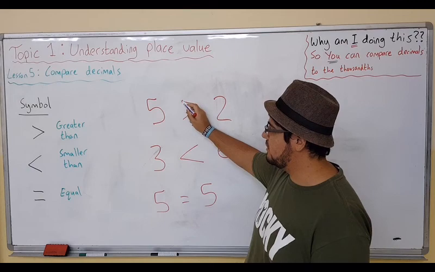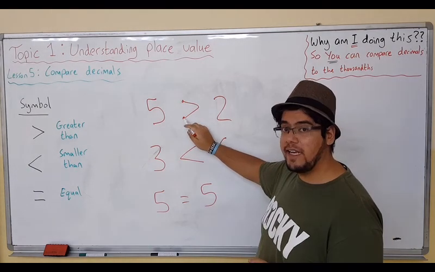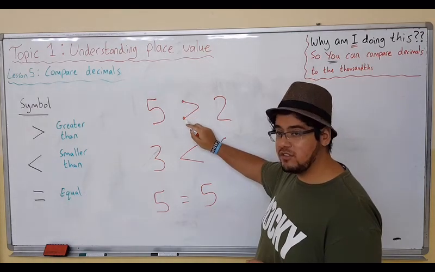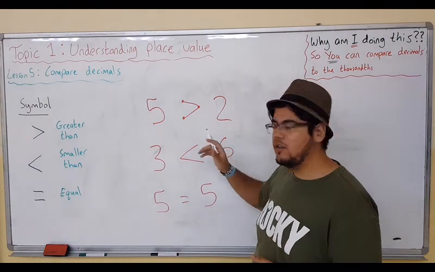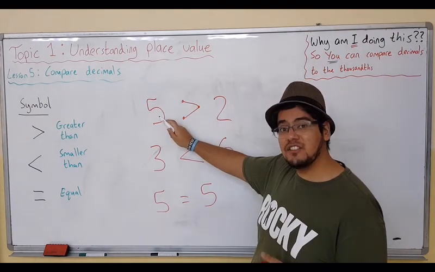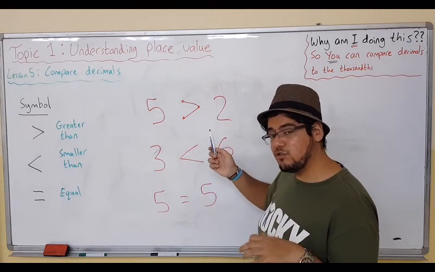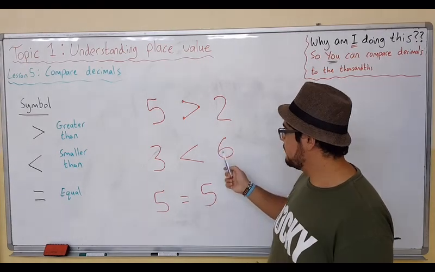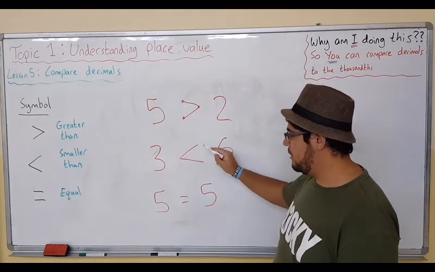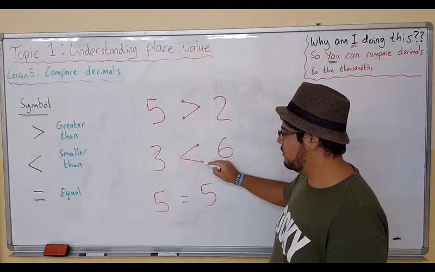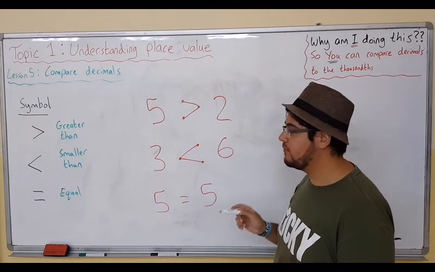Sometimes I like to put dots here: there are 2 dots on the bigger side and 1 dot on the smaller side. That's a little trick to help, okay? So for this one, 6 is the bigger number, so the bigger side of the arrow will go next to the 6.